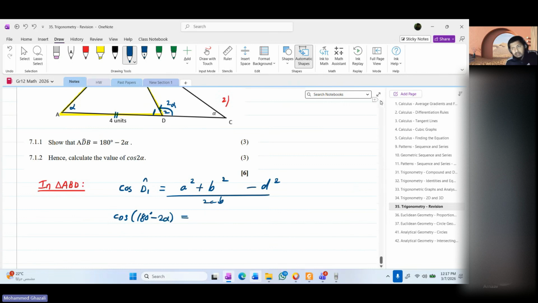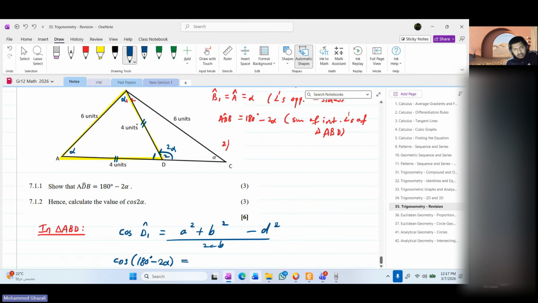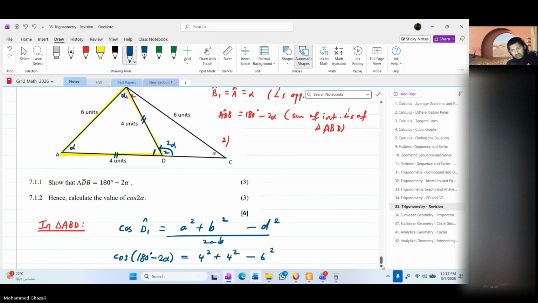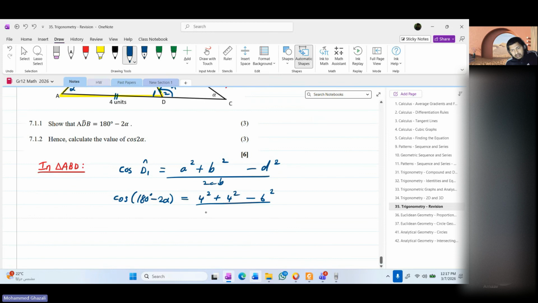What's A squared? A squared is the opposite squared. Opposite A is 4. B squared is opposite B, which is also 4. D squared is opposite D, which is 6. And then divided by 2AB, divided by 2 times 4 times 4. Cos of 180 minus 2 alpha is in the second quadrant, so that's negative cos 2 alpha.